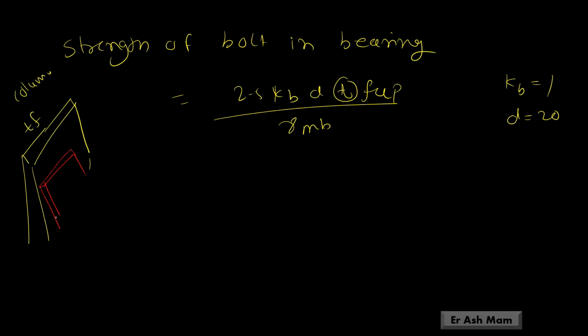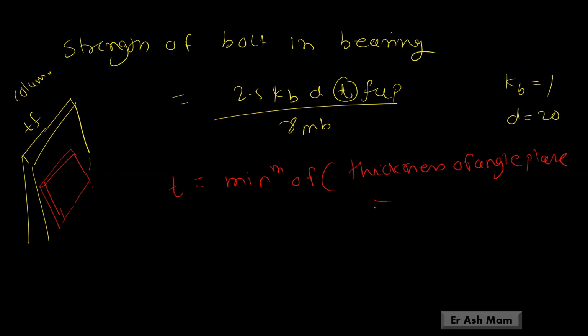So minimum of t will be the minimum of thickness of angle plate and thickness of flange.